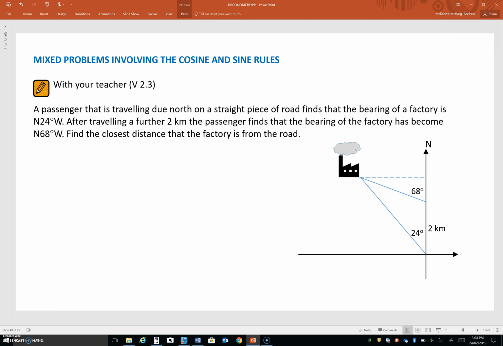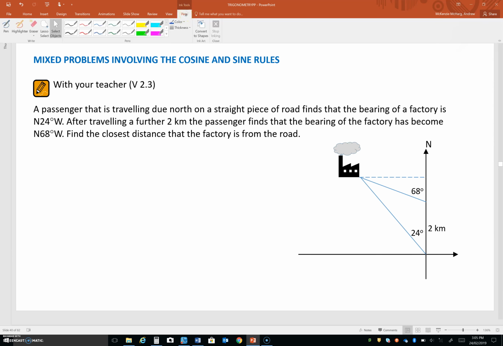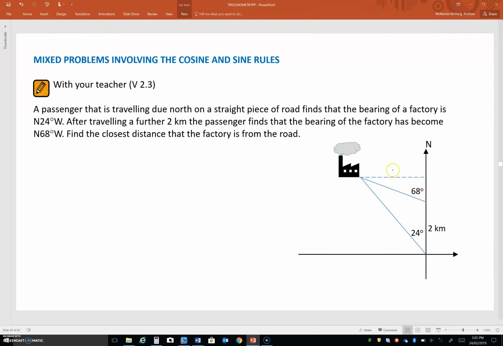So we're asked in this one to find the closest distance that the factory is from the road. So we've got a factory here and this road's going up this way. So that means we want to find this length along here. Rather than height, I'll call it D for distance. Now this is going to involve a couple of calculations.